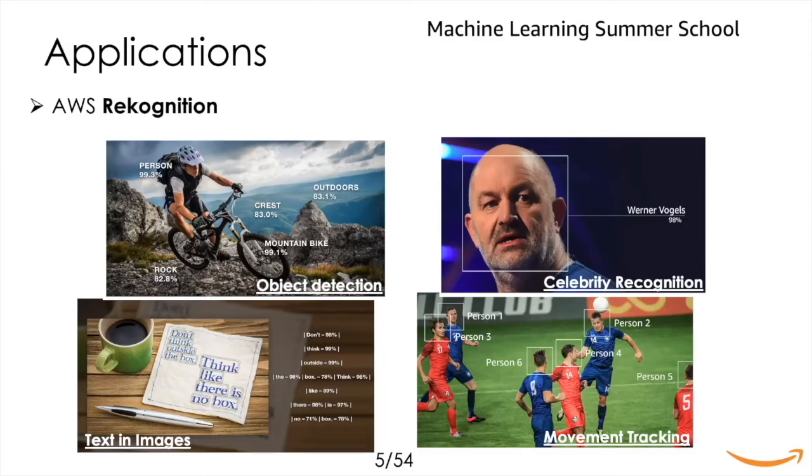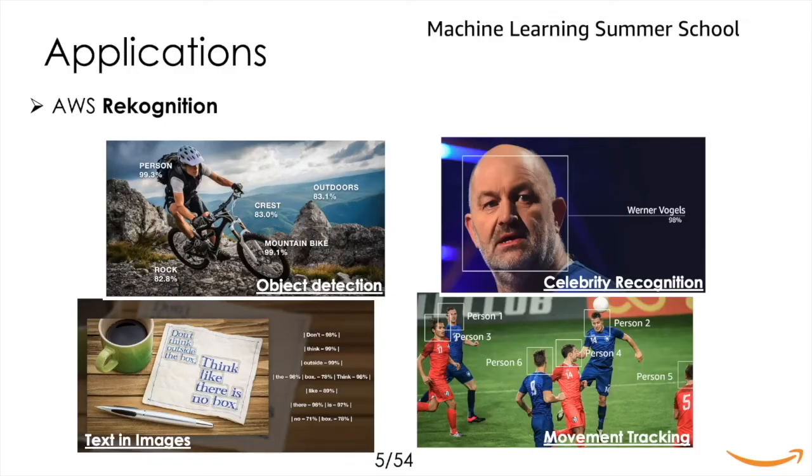You'll already have used some of these. For example, when you take a picture on your smartphone, it generally shows you a box around people's faces. That's face recognition. If you've used Amazon AWS, you might have come across the service Rekognition. It's a service that makes it easy to add image and video analysis to your applications.